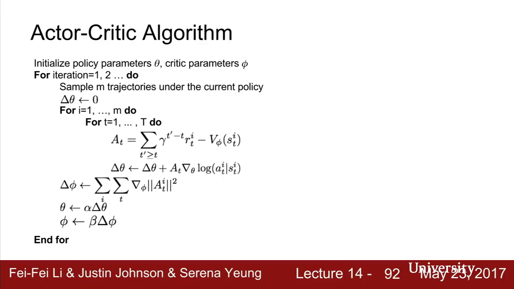So using this, we can put together our full actor-critic algorithm. What this looks like is that we start off by initializing our policy parameters theta and our critic parameters that we'll call phi. Then for iterations of training, we sample M trajectories under the current policy. We play our policy and get these trajectories S0, A0, R0, S1, and so on.